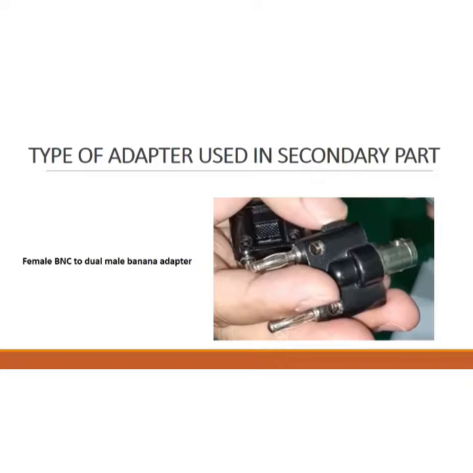The dual male banana adapter has dual legs. One is connected to the ground of the secondary part, one is connected to the internal of the secondary part.